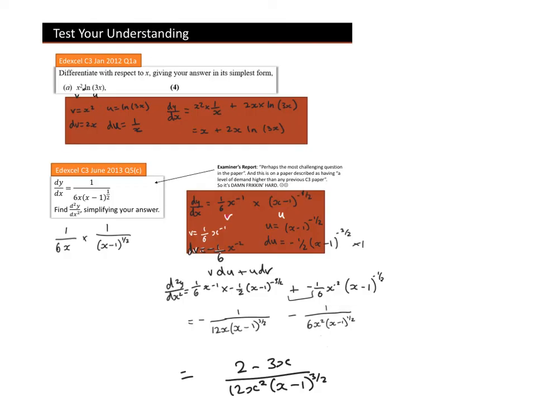You can see that would be completely true because on the denominator, the highest number is 12, the highest power of x is x squared, and the highest power of the bracket is 3 over 2. Then obviously, when we add or take away, we've got to see what we need to do to make them common. So, at the beginning of next lesson, we will look at how we get from here to here.